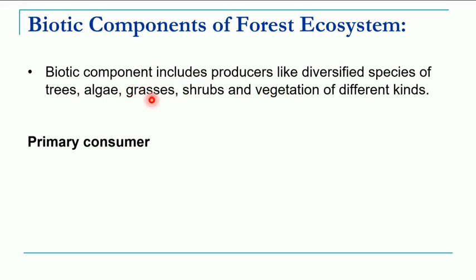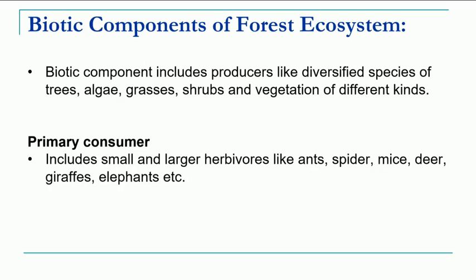Now there are primary consumers which are nothing but herbivores which eat the food material produced by the producers. This includes small and large herbivores like ants, spider, mouse, deer, giraffe, elephants, etc. So all the herbivores are included as primary consumers.